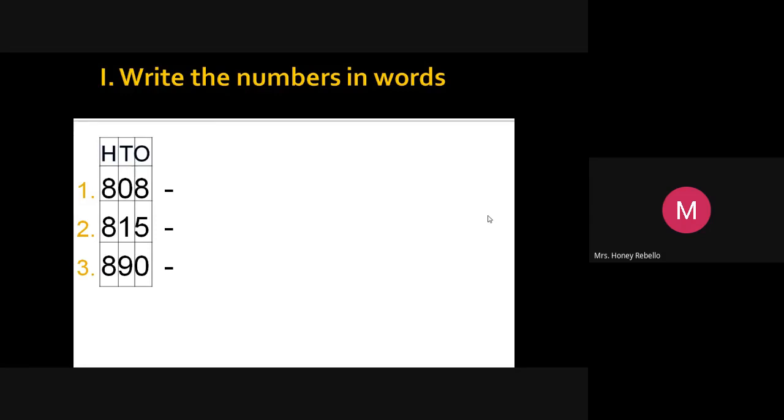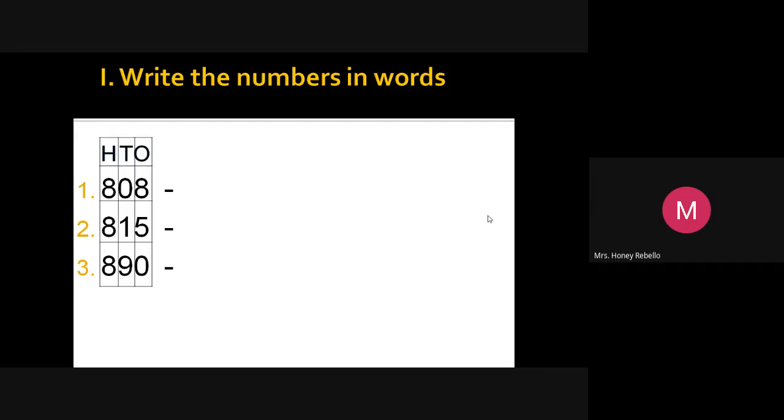Write the numbers in words. Words in words.